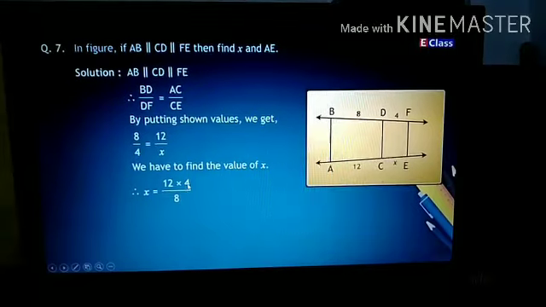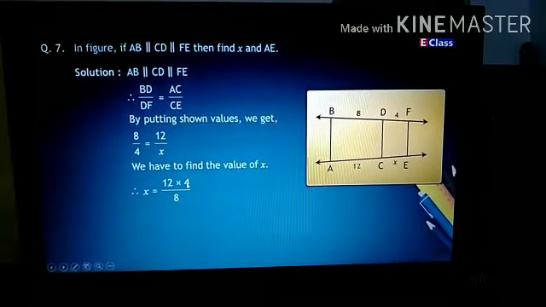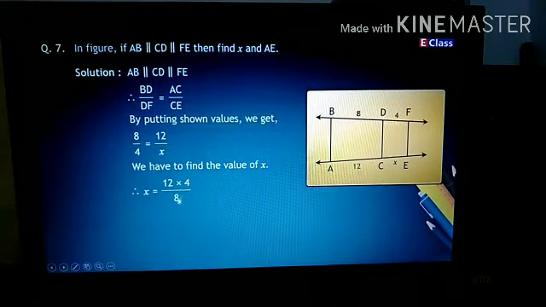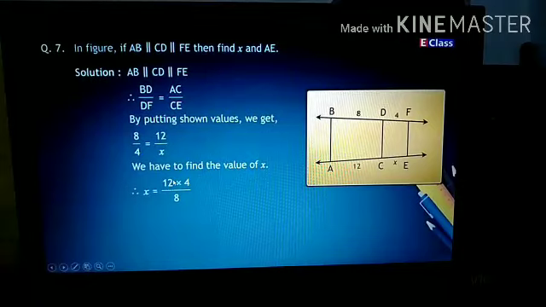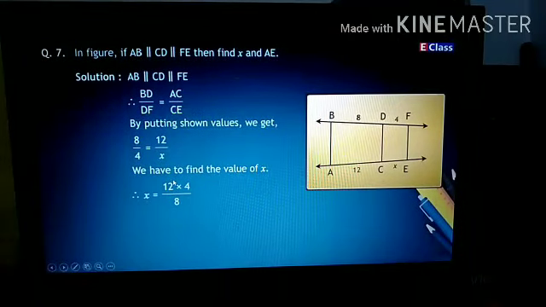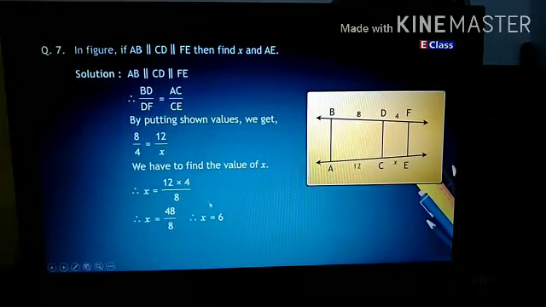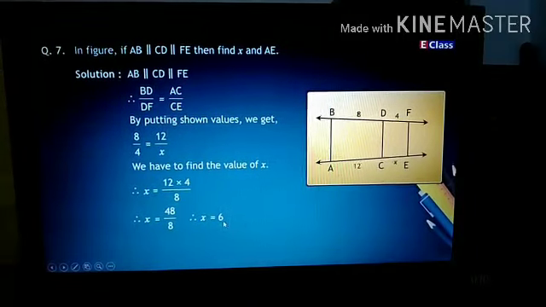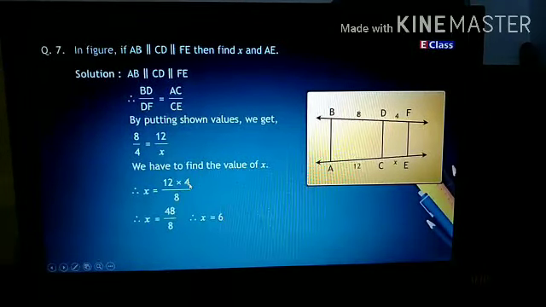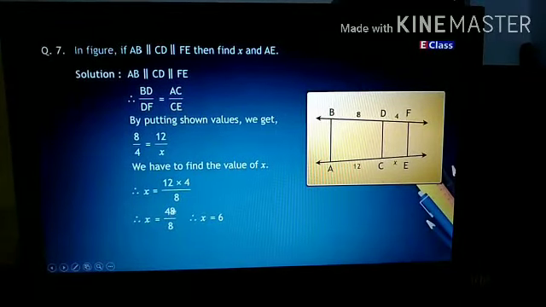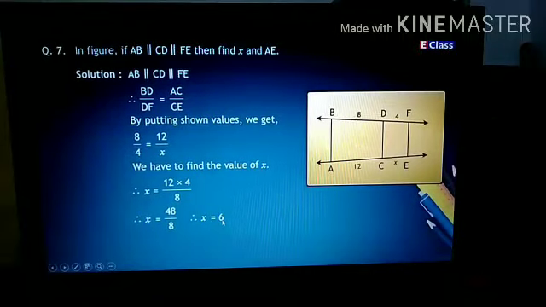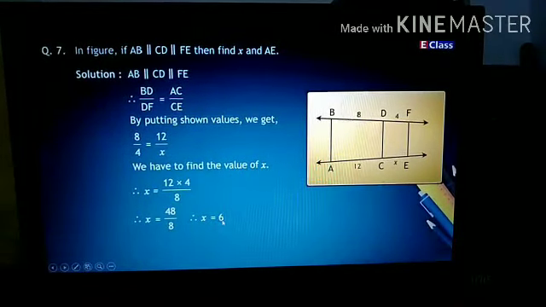Here we can reduce the numerator and denominator: 4 ones are 4 and 4 twos are 8. Then 2 ones are 2, 2 sixes are 12. So we get x as 6. Or simply multiply, 12 fours are 48, divide by 8, 8 sixes are 48. Therefore x is equal to 6.